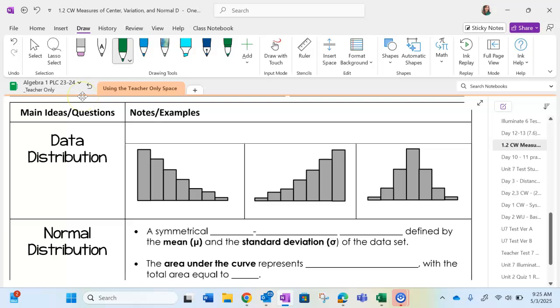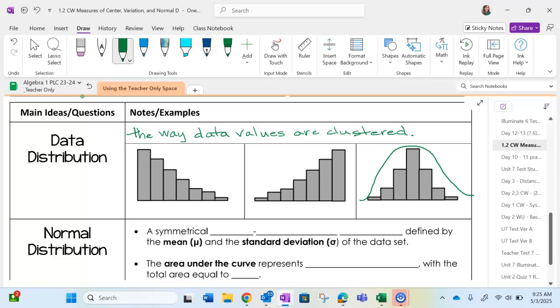So this is talking about the way data values are clustered or grouped together. So if you notice, I'm going to start all the way over here. Look how perfectly symmetrical.